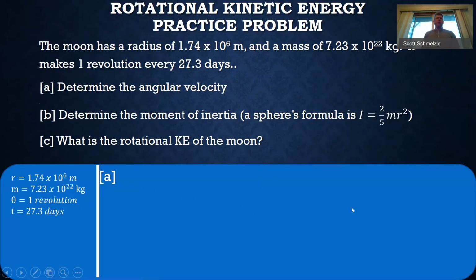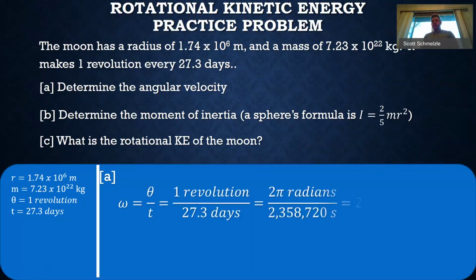So here's what I got. I listed my variables that I know. I got my radius, my mass, the angular displacement theta, which is one revolution, and the time it takes for that to happen is 27.3 days. For part A, it says determine the angular velocity. Remember, that's going to be the displacement over the time.